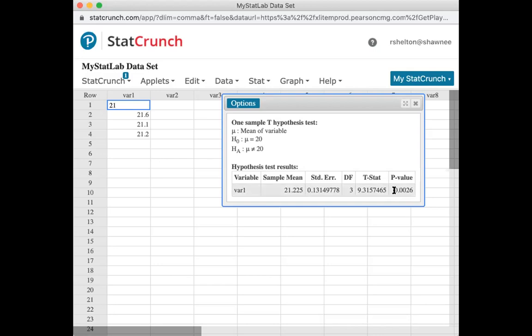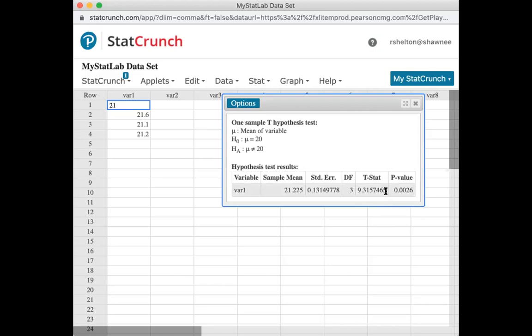And also look at the p-value. It's very small, right? If we're testing at the 0.05 significance level, we compare this number to 0.05. If it's bigger than 0.05, we cannot reject. If it's smaller than 0.05, we do reject. Well, this is a lot smaller than 0.05, so we're going to reject based on that.